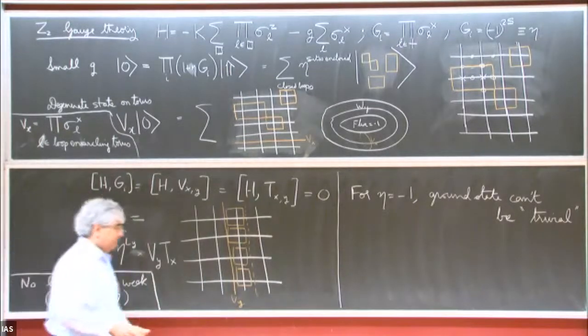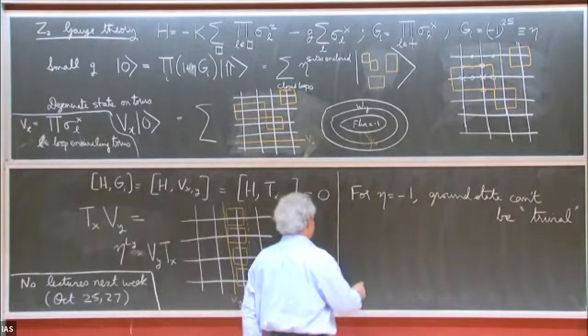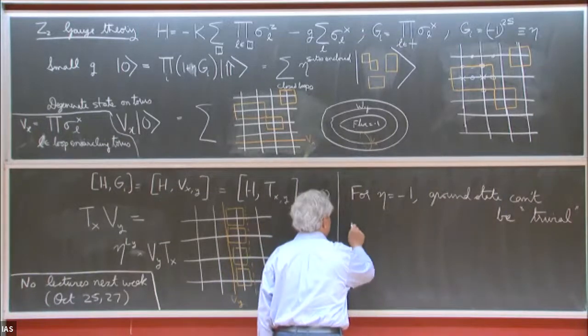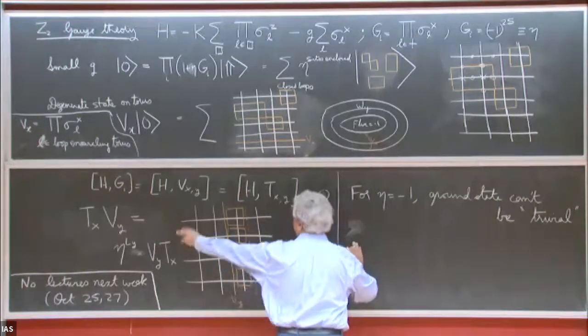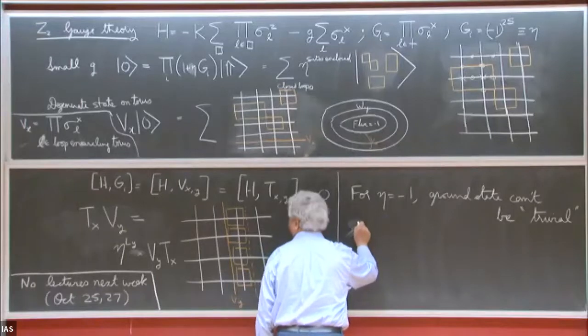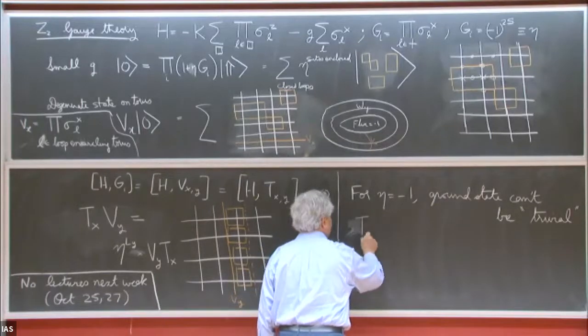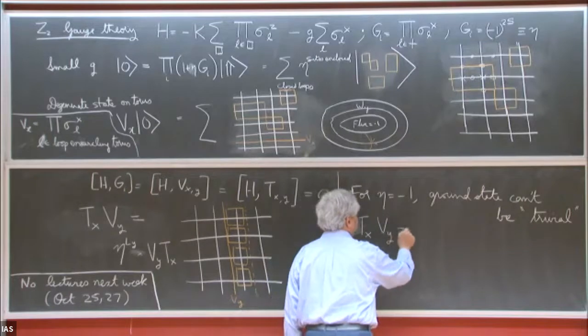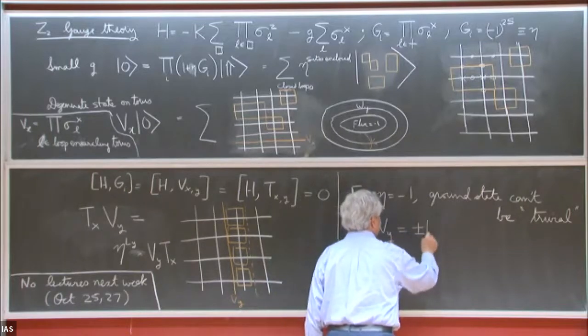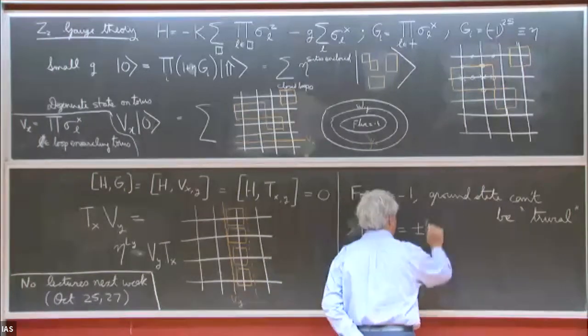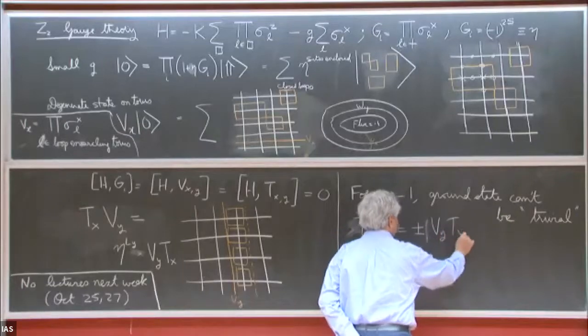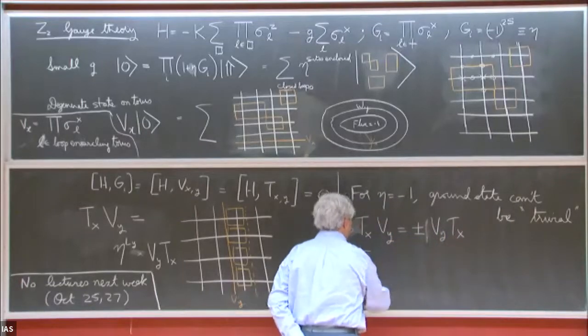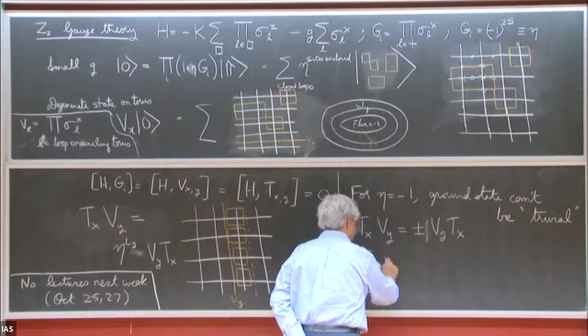So there's three different things to consider. Well, okay, these are exact statements for any value of g, not only at g equal to infinity. You have Tx with Vy equal to plus or minus 1, depending on whether the system is even or odd.